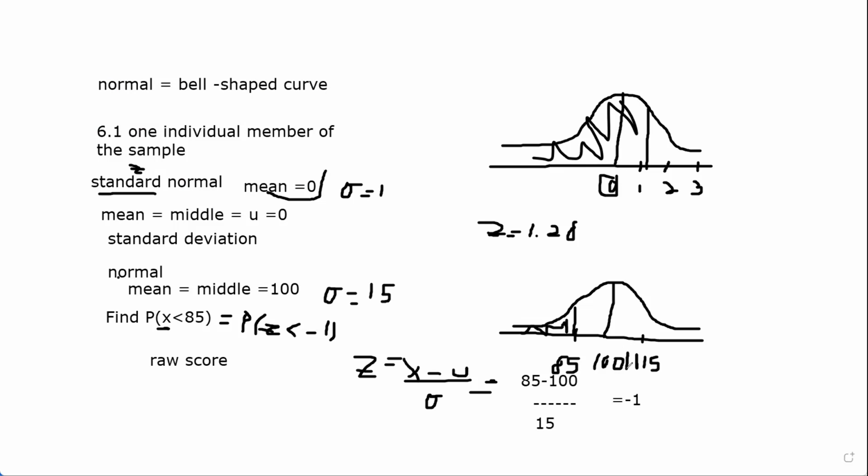So here's why I did all that rigmarole. Normal refers to our bell-shaped curve. This is a bell-shaped curve. I will drill that into your head until you're sick of me saying it. And then the middle value is our mean.